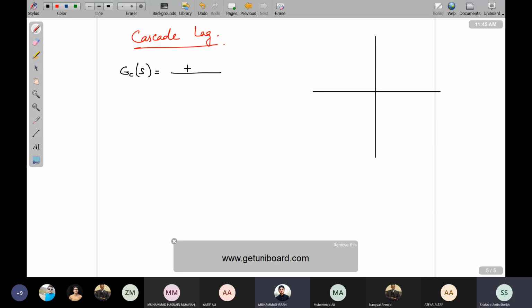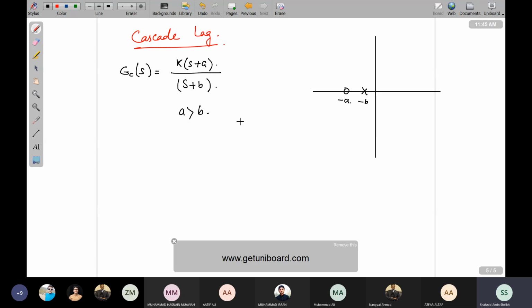So in this case what we are doing, it is k times s plus a divided by s plus b, and in that case of course a is greater than b, and we are introducing a pole at minus b, and we are introducing a zero at minus a, and as a is greater than b, your pole is on the right side.